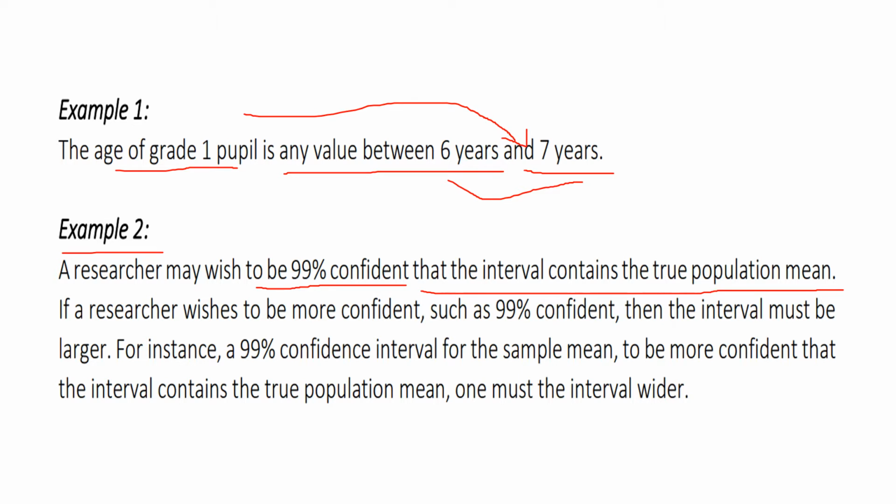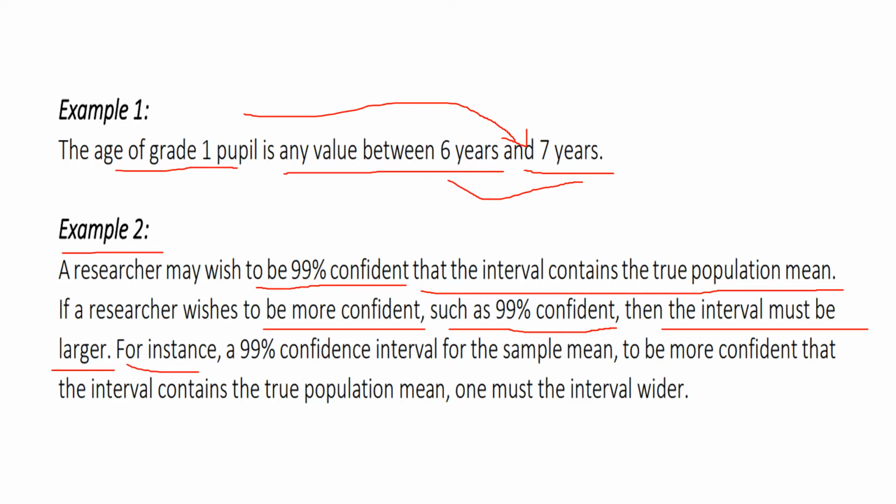For example, number 2, a researcher may wish to be 99% confident that the interval contains the true population mean. If a researcher wishes to be more confident, such as 99% confident, then the interval must be larger or wider. So there should be a wider interval if we wish to be more confident.